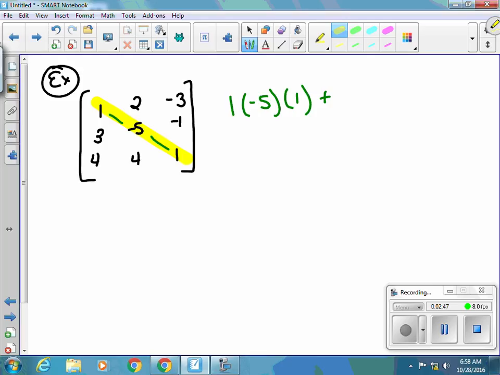So now I've got -2, -1, and 4. This is still part of my diagonal going left to right. So this is why this one gets a little bit trickier. So we've got one diagonal left, and that is with our -3 and then 3 and 4.